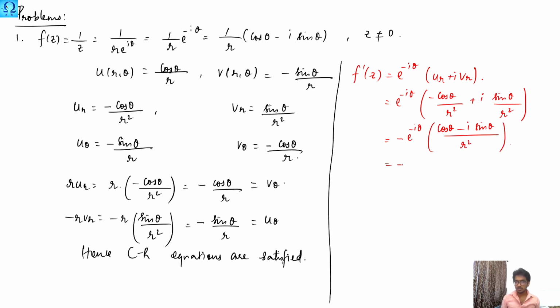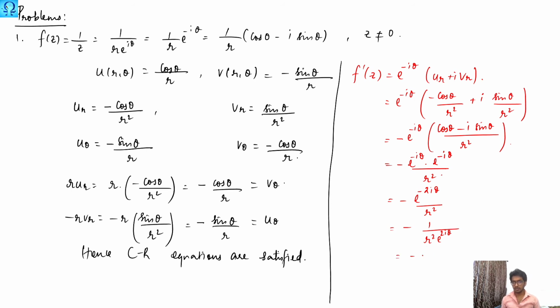Right? So it is minus e to the power minus iota theta multiplied with, this is again e to the power minus iota theta upon r squared. So this may be written as minus e to the power minus 2 iota theta upon r squared. When you bring that quantity to the denominator, it is r squared e to the power 2i theta.